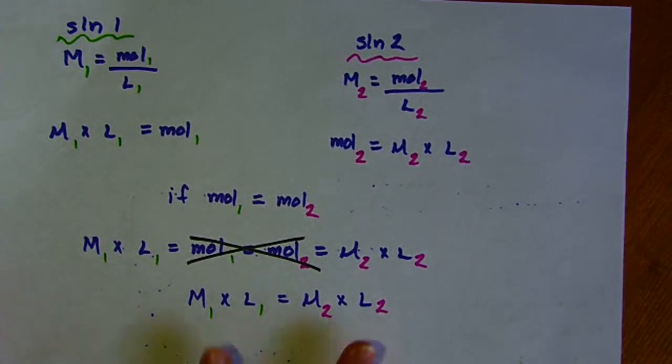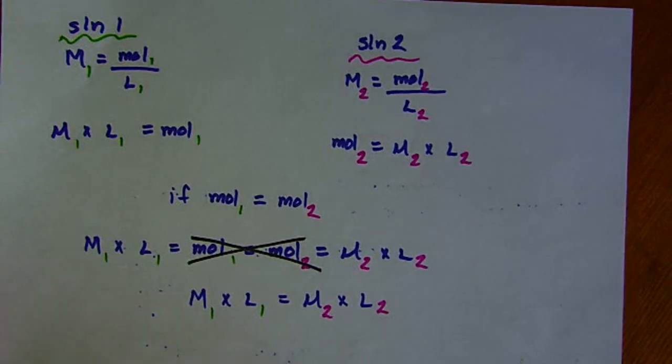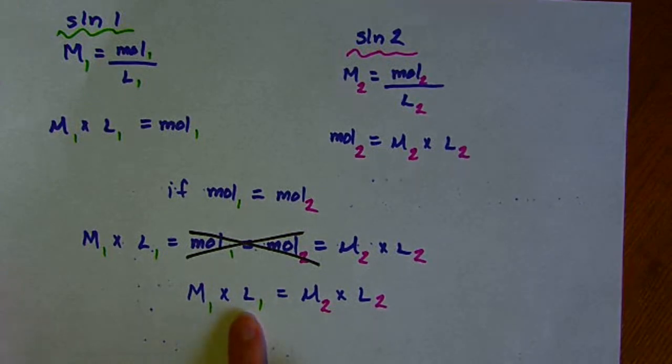It no longer matters what unit of concentration or volume you're working with when you're working with the dilution equation, because regardless, the amount of your solute in a dilution doesn't change. So it doesn't matter what units your concentration is in.